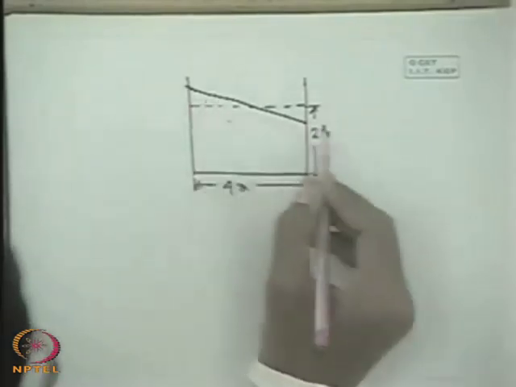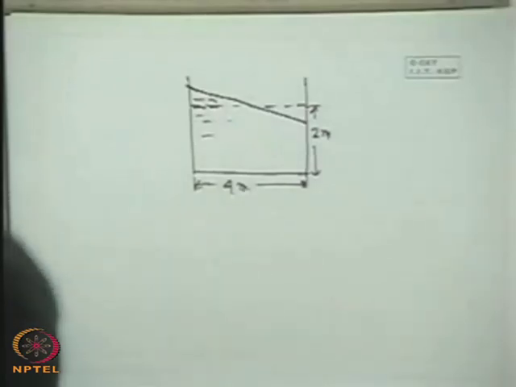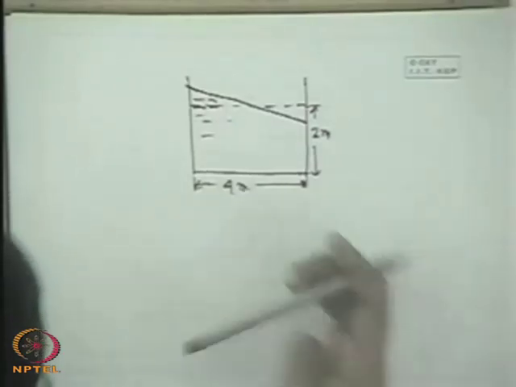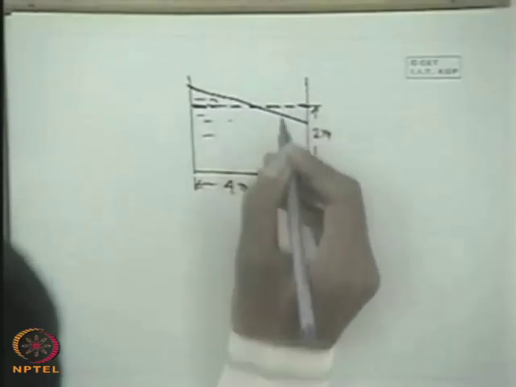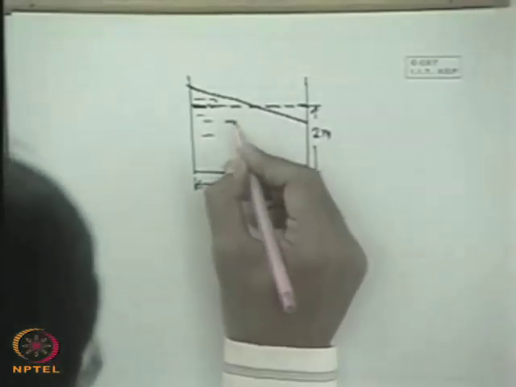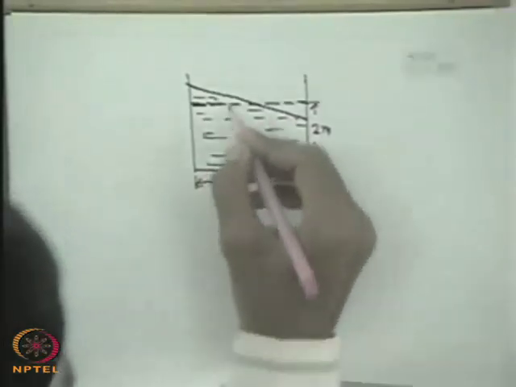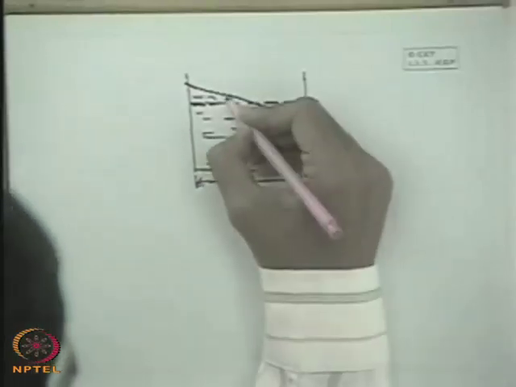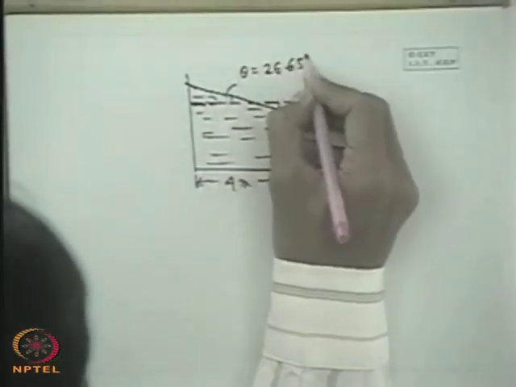So water is carried like this. This is now the water. This was the earlier free surface. So now the free surface has taken a shape like this, where this is the liquid. This angle, as I have already found out, theta is equal to 26.56 degree.